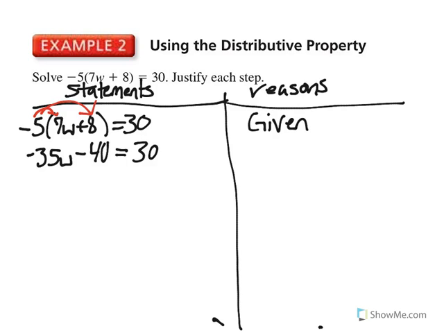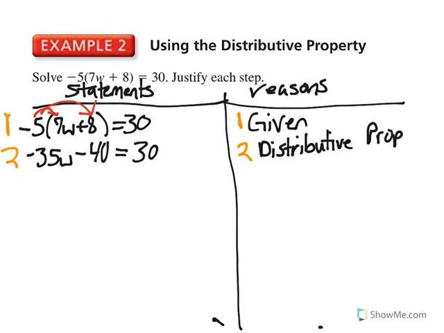And it's still equal to 30. Once again, I can number my statements versus my reasons, so that way we can stay on track here. So my second reason, it pertains to what I just did. So in order to get the second step, I had to distribute. So that would be our distributive property.